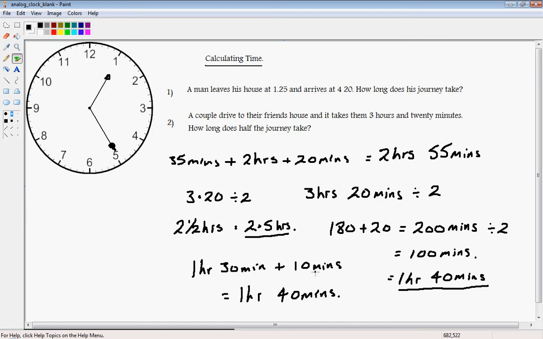Both are very, very easy to do. If you change everything to minutes, particularly if you're using a calculator.